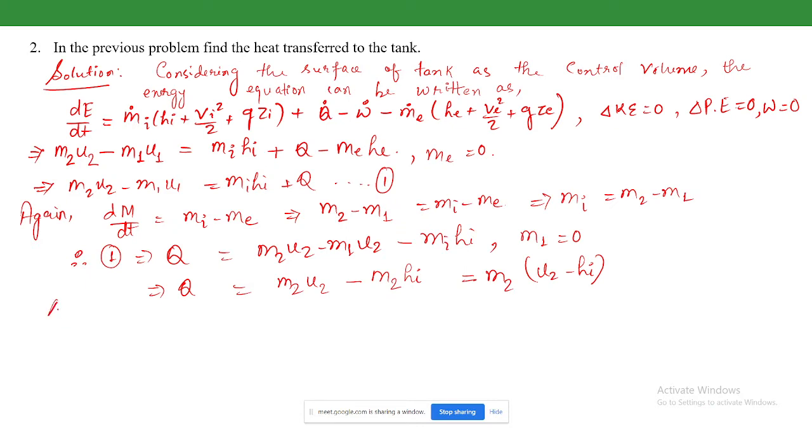So at T saturation equals 25 degrees Celsius, the specific enthalpy for ammonia hi will be, this is a saturated vapor state, so this will be the enthalpy of the vapor state corresponding to 25 degrees Celsius. This is equal to 1460 kilojoule per kg.